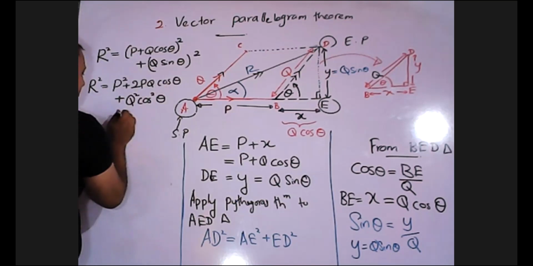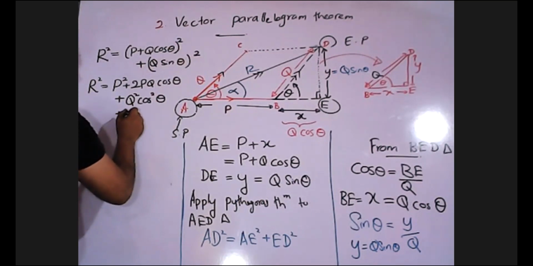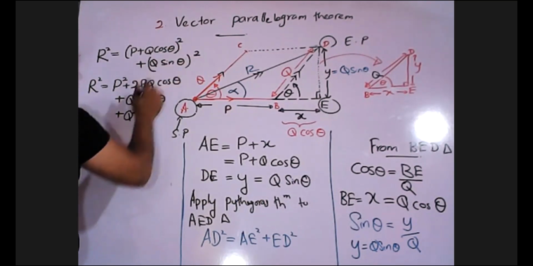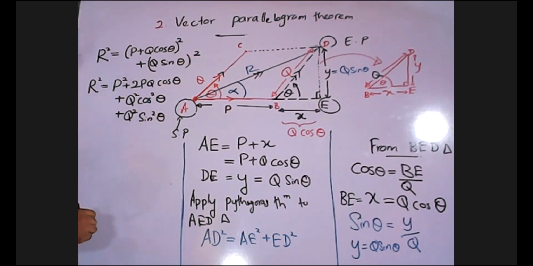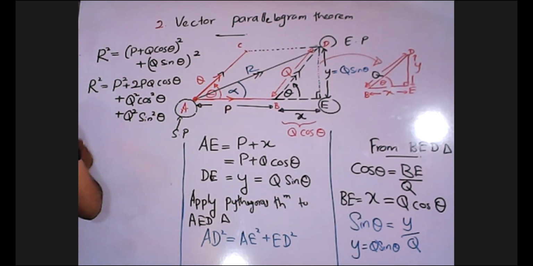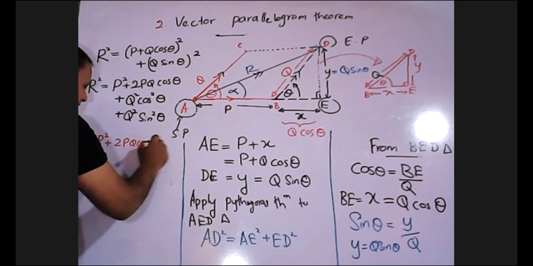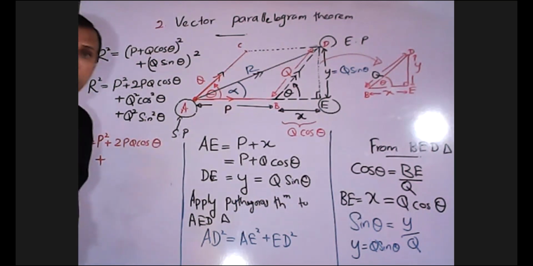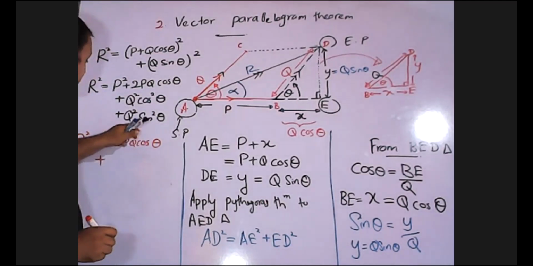Then the final thing is this one. If I take the square of this, I will have Q squared sine square theta. Then I can simplify. R squared is equal to P squared plus 2PQ cos theta plus Q squared cos squared theta plus Q squared sin squared theta.